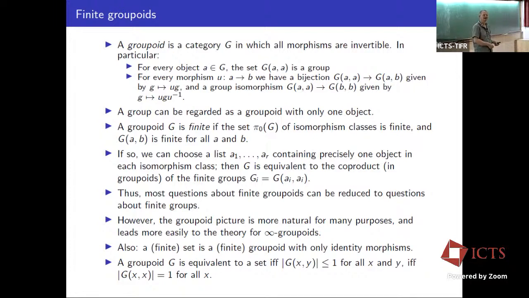So a groupoid is basically a family of groups parameterized by a set. No, they don't have to be the same. And so then the representation category is just the product of the representation categories of all the individual groups.